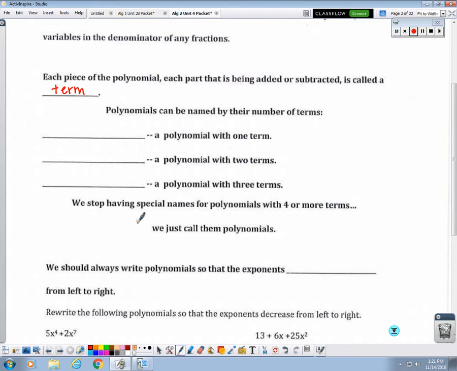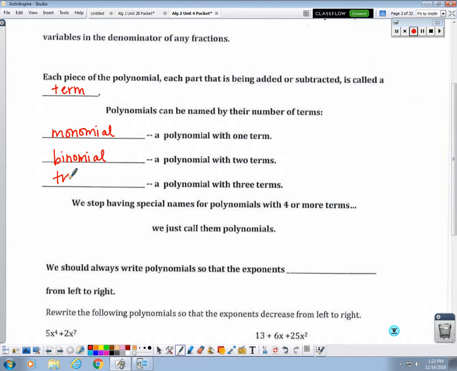Polynomials can be named by their number of terms. So what do we call a polynomial with one term? A monomial. Okay? What do we call a polynomial with two terms? Binomial. And what about a polynomial with three terms?